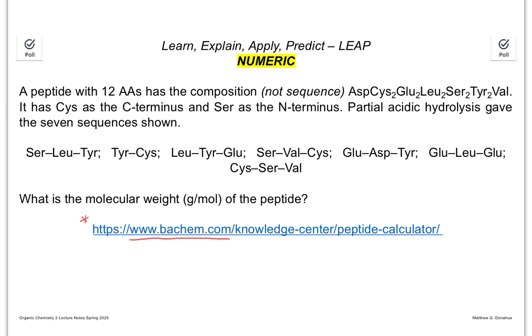So as I mentioned in the beginning of this screencast, this will be one of the websites you'll have to access for your exam 5A that you'll take next Monday to determine some properties of these peptide chains that we're going to look at. So the website, when you put in your sequence, will also calculate your isoelectric point.